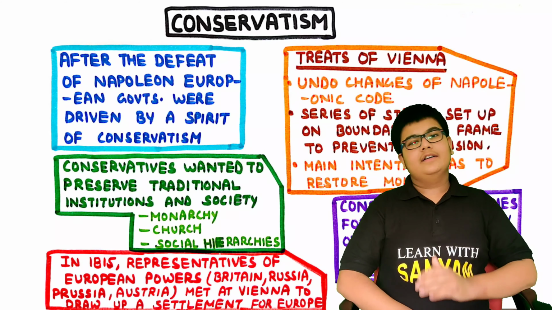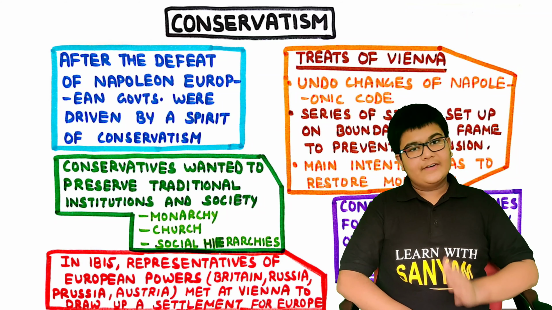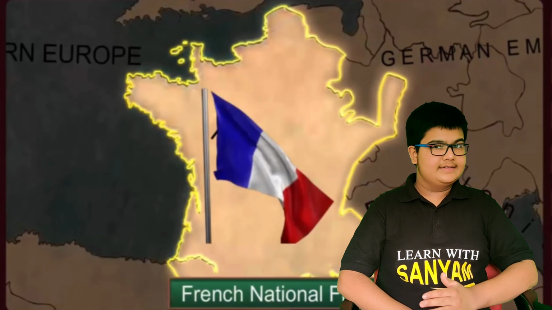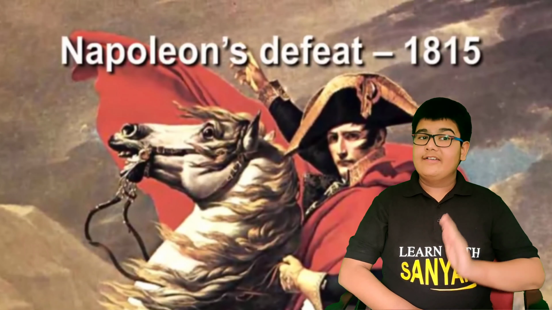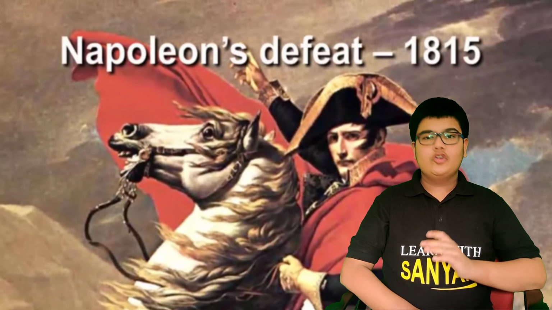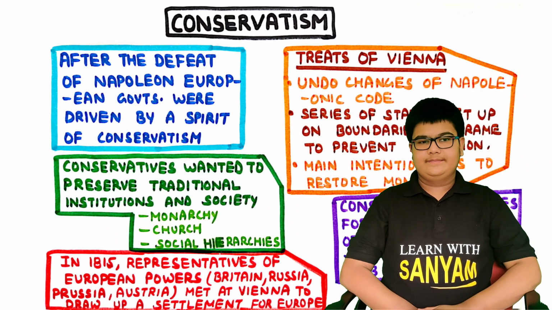Now let's return to the story of the French Revolution. In the first lecture we had discussed France, the French Revolution and Napoleon. After the defeat of Napoleon, European governments were driven by a spirit of conservatism.